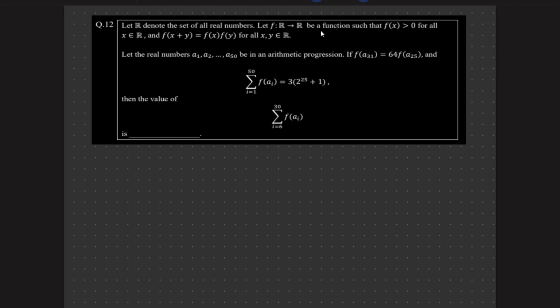So here we have been given that a function f(x) is greater than 0 for all x belonging to real numbers, and we have been given that this is a continuous function. Okay. So the problem is that people are assuming f(x) to be a^x, which is completely wrong because it has not been given that f(x) is a differentiable function.